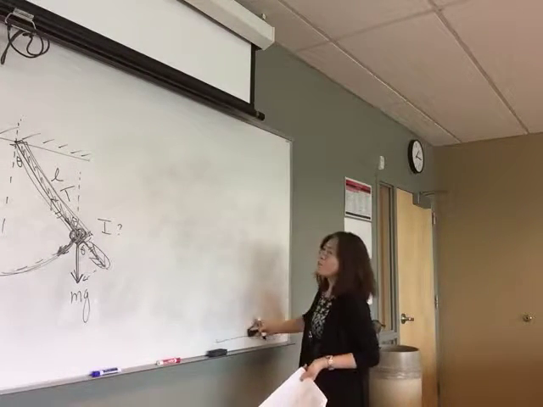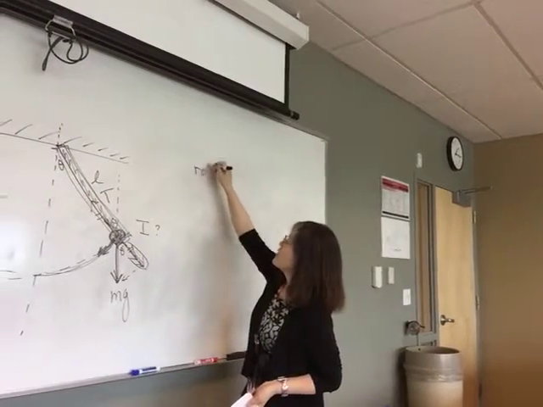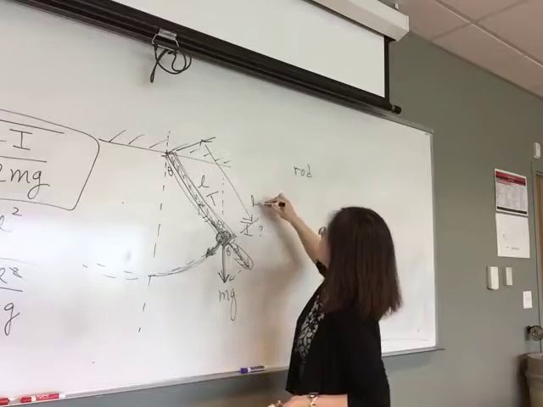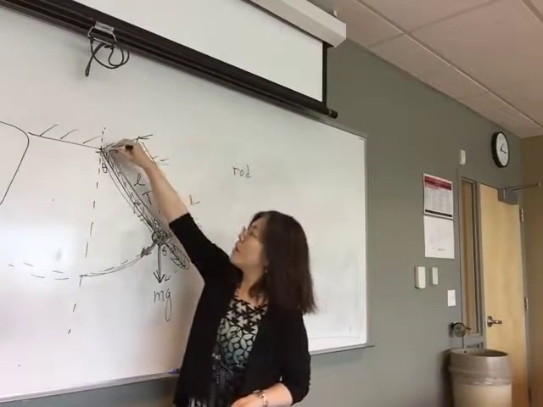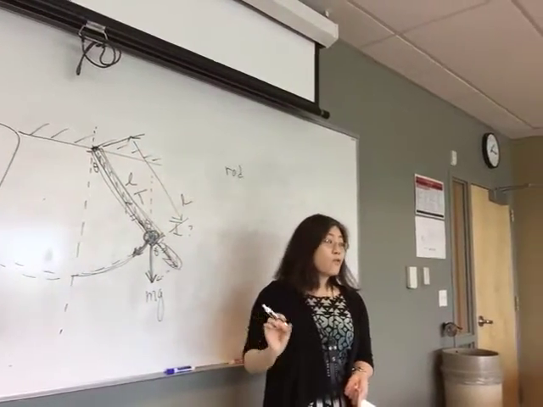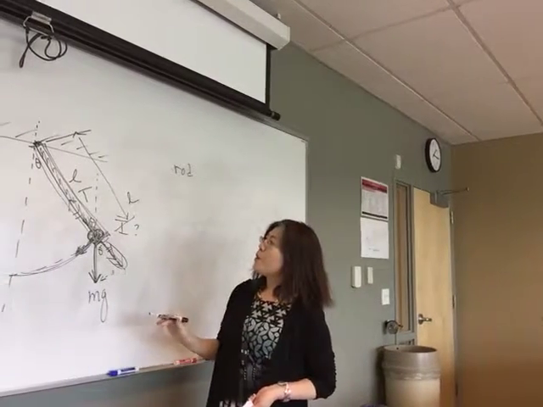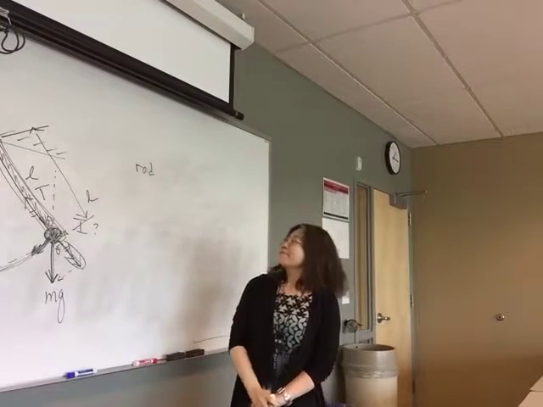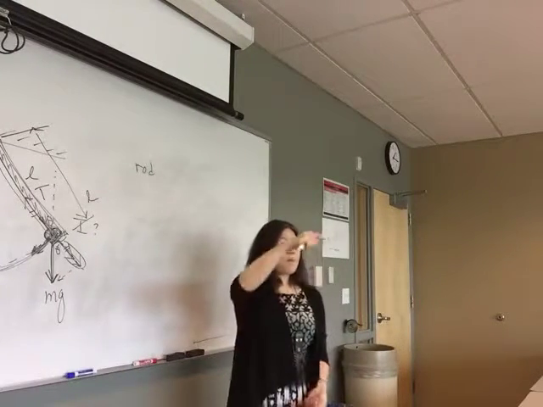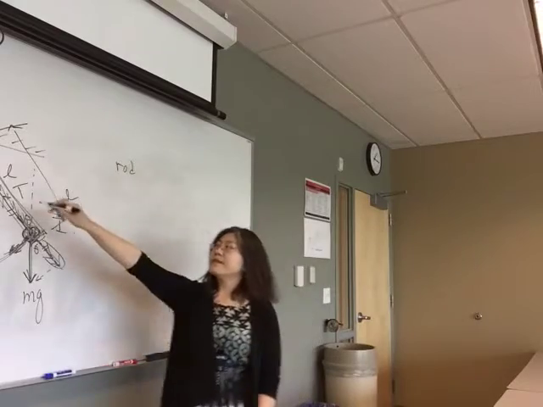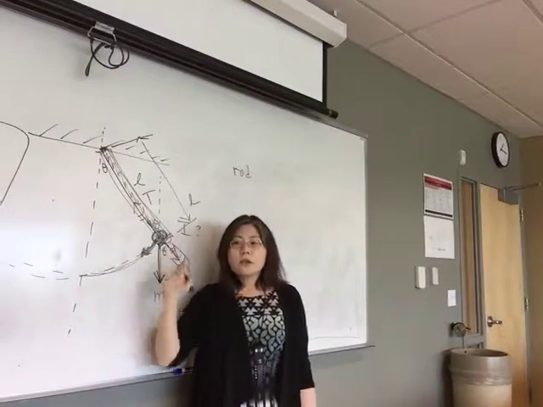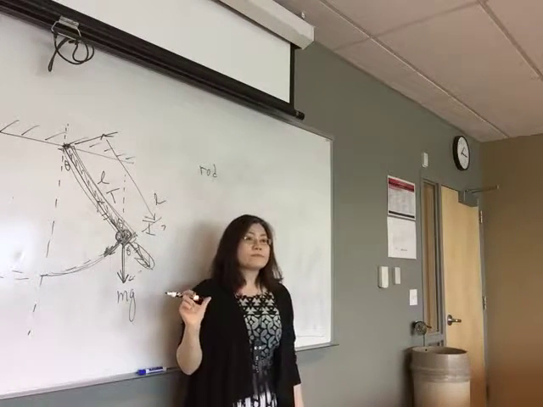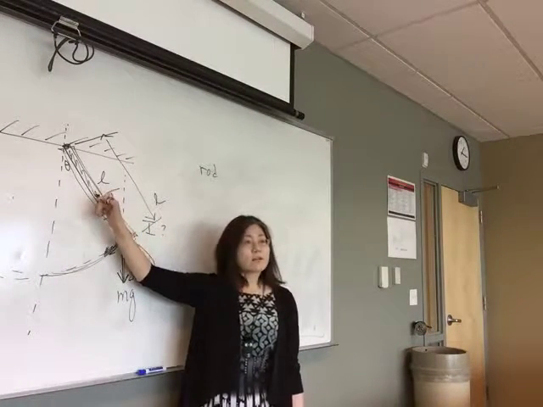If we have a rod with a length of, let's say, L, rotating about this axis, and let's say this rod is uniform, what will be your rotation inertia? If it's a uniform rod, the center of mass is at the center, right?